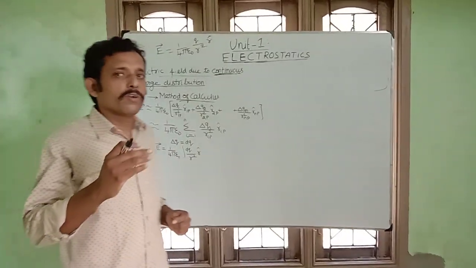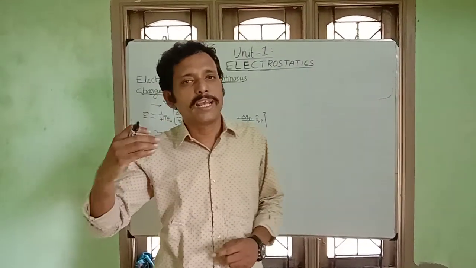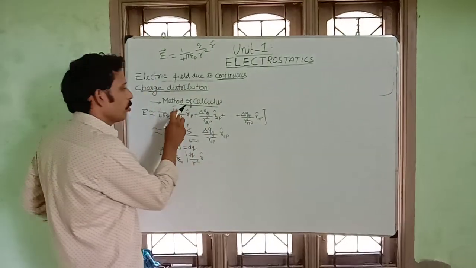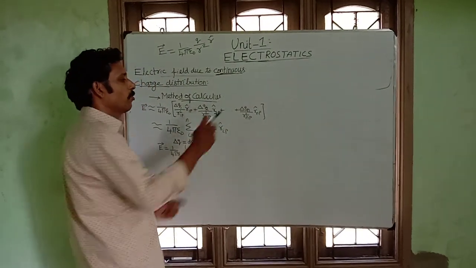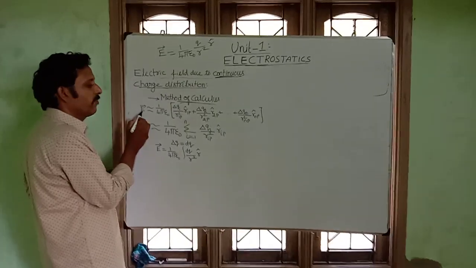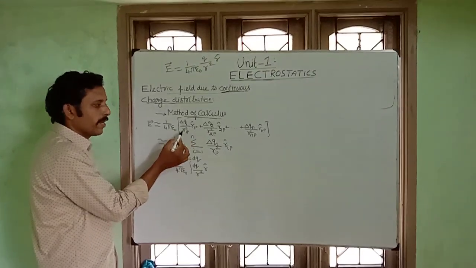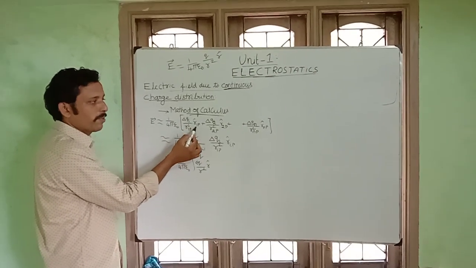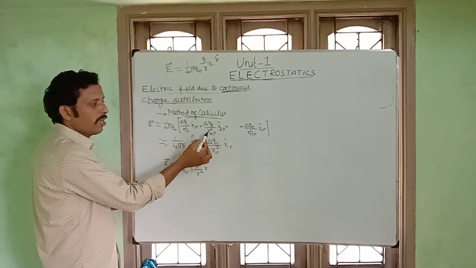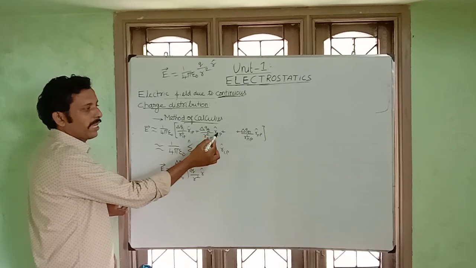So we have del Q1, del Q2, del Q3, up to del Qn charges. So the electric field E vector is the same formula: 1 by 4 pi epsilon naught del Q1 by r square 1p r cap 1p plus del Q2 by r square 2p r cap 2p plus etc.